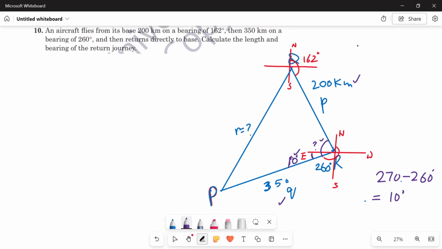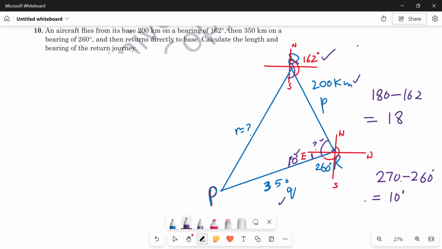And now we have to calculate this one. This one is 162. If we take the complete half round of 180, then 180 minus 162 will be 18.